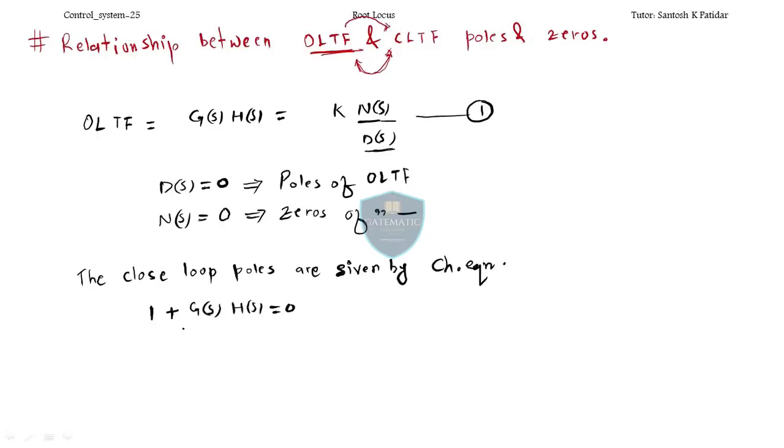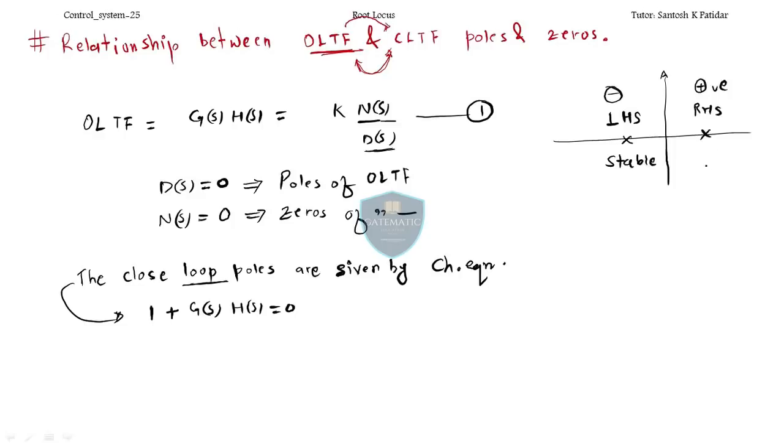This is the characteristic equation, nothing but the poles of the closed loop system. And why am I considering the poles of the closed loop system? Because for closed loop system stability, the poles are the deciding factor. We have seen earlier, if your poles are in the LHS, then the system is stable. If your poles are in the RHS of the s plane, or positive real, your system is unstable.